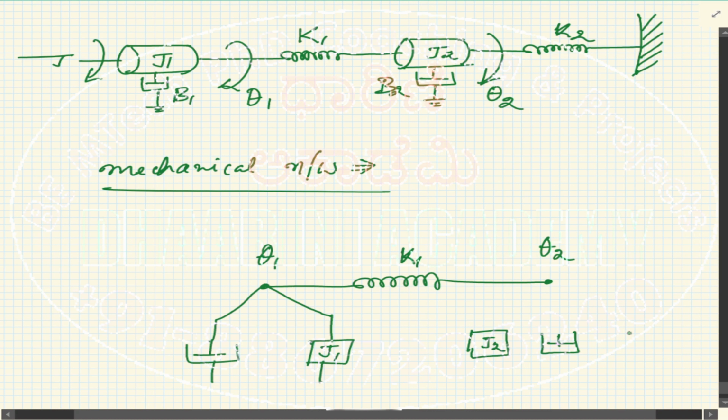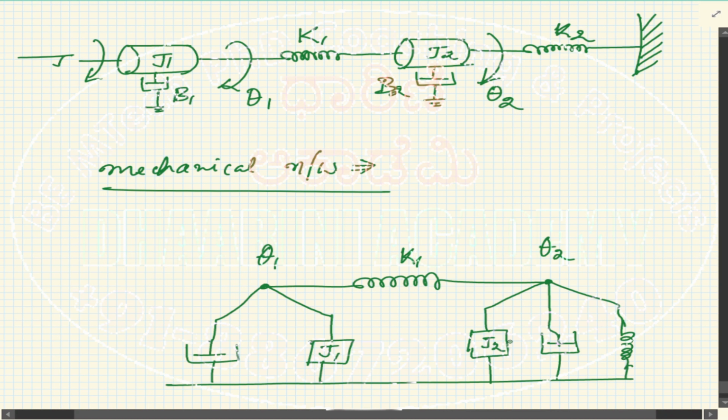So we have K2, correct. So this is B2, this is K2, K1. So we have B1 and the supply is to theta 1, right? So this is capital T.